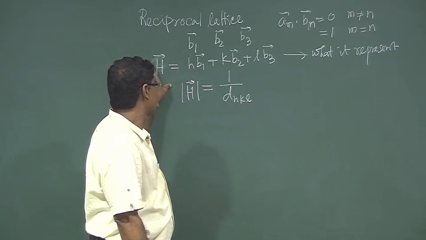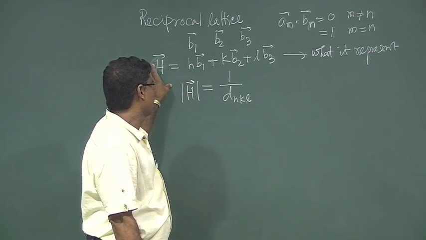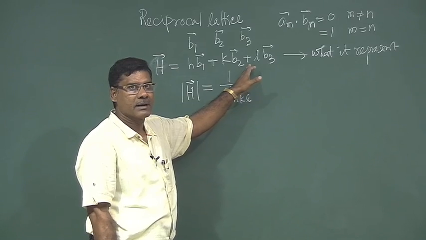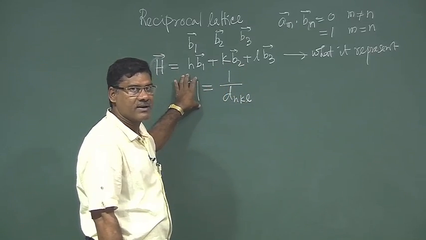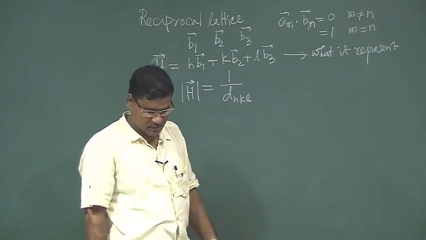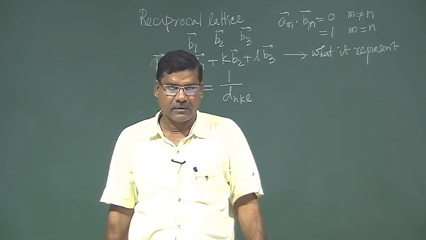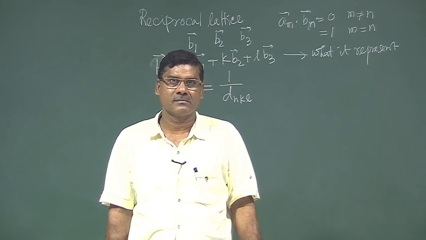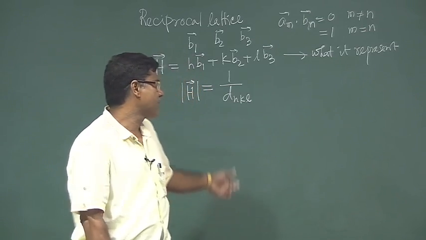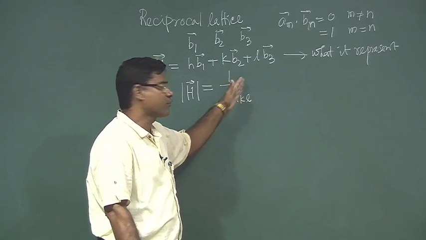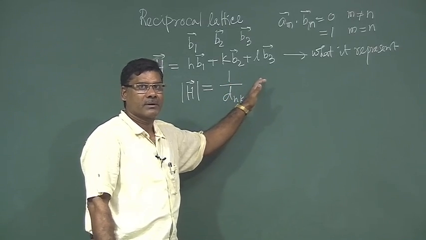H written in this form, the magnitude of H will be the reciprocal of the planar spacing of HKL planes, right. So, this planar spacing is dHKL. Okay. So, that we have to prove.